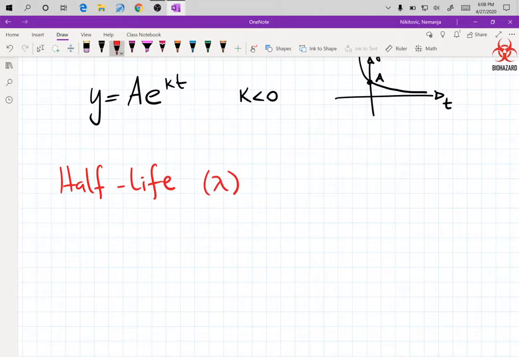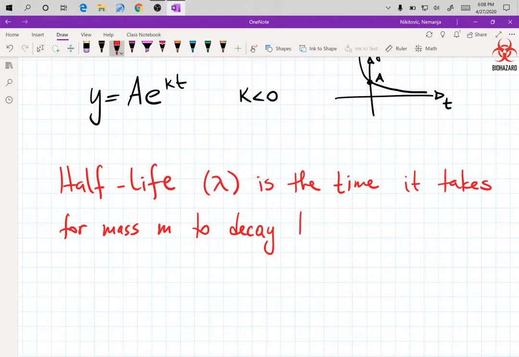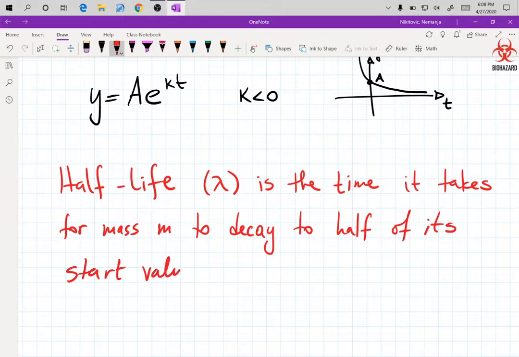Half-life, denoted by lambda, like this. And half-life is the time it takes for mass m to decay to half of its start value.